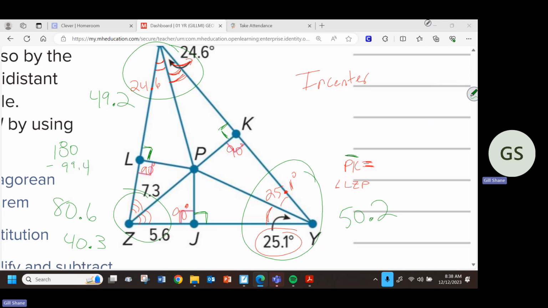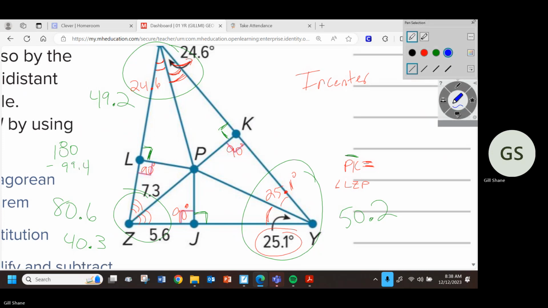The incenter, so this point right here. Oh, I know what I'm gonna do. Change colors. Just do something super bright. That point right there, oh, it's kind of still green. But it is the same distance to every side.